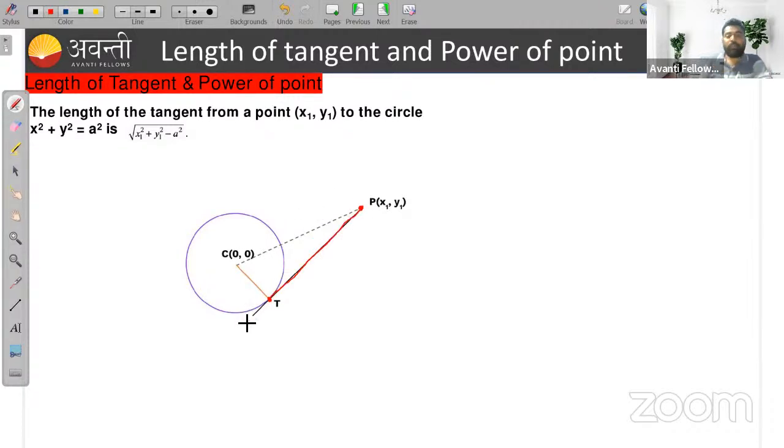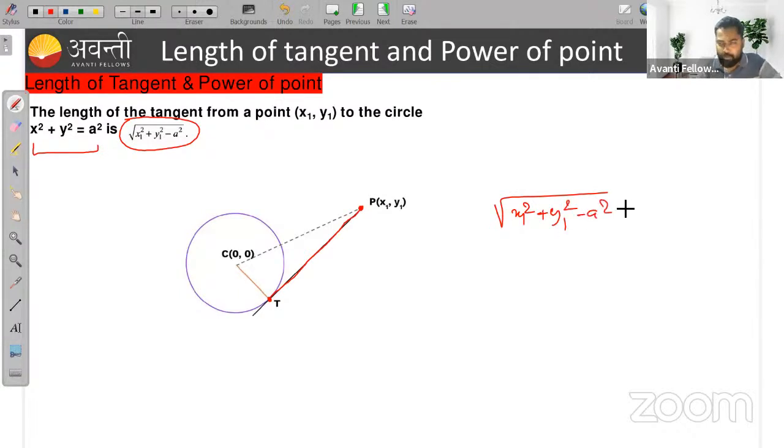If the equation of the circle is x square plus y square is equal to a square, then the length of the tangent will be under root of x1 square plus y1 square minus a square. Clear? Everyone clear? Yes.